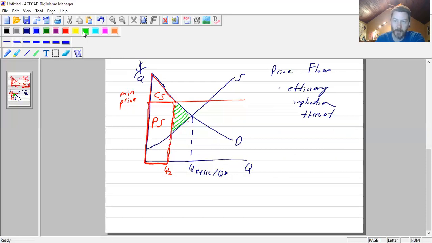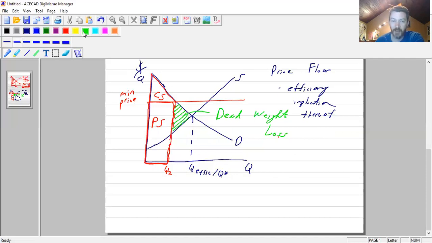It's no longer part of the surplus. This is a really important concept. This is called the dead weight loss. The dead weight loss. Society is worse off as a whole as a result of the price floor by that amount.